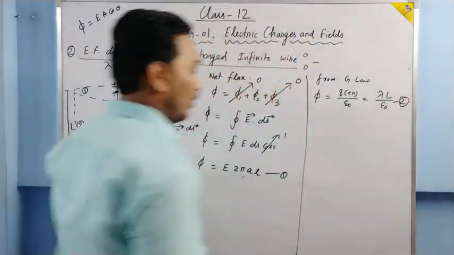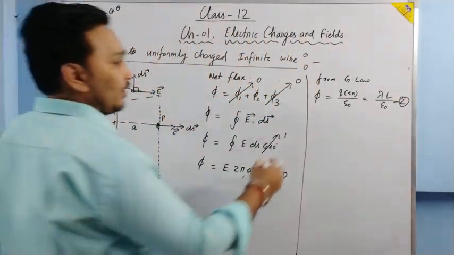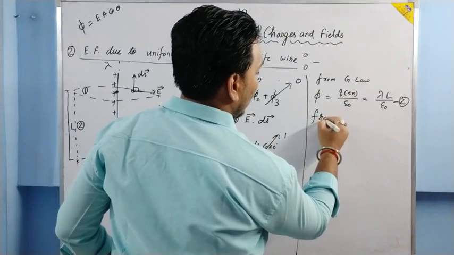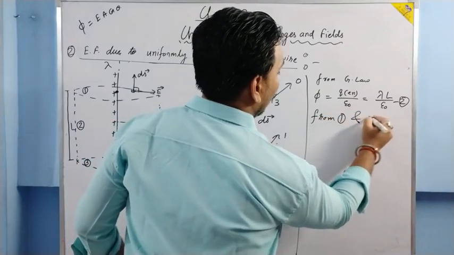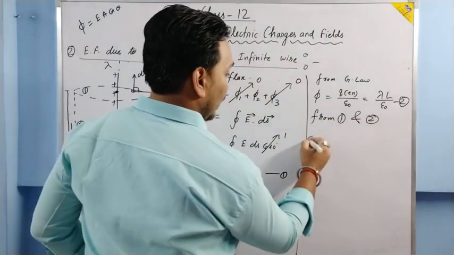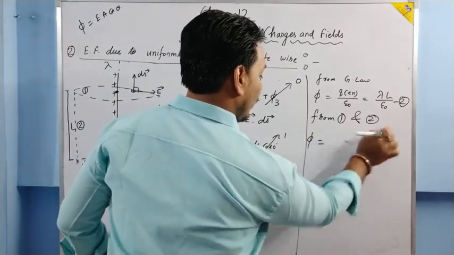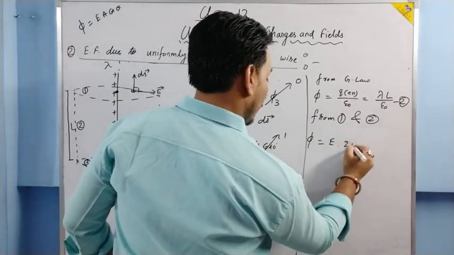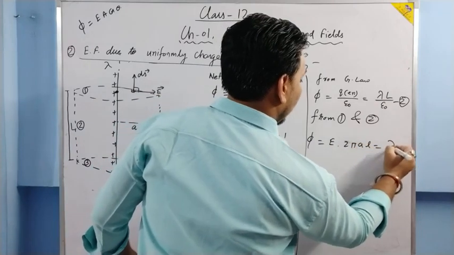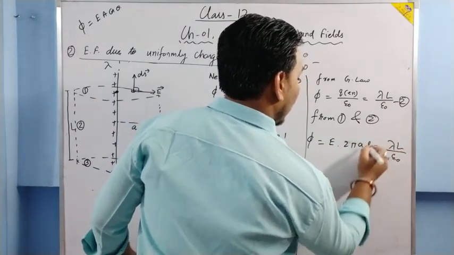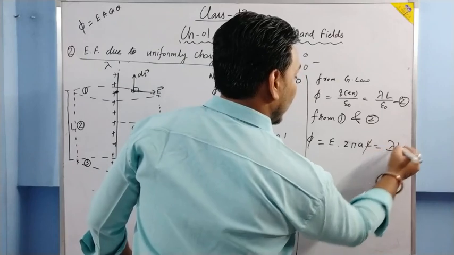Now from 1 and 2, since both are giving the value of flux only, we have phi is equal to E into 2 pi A L equals lambda L upon epsilon naught. L and L will cancel out.